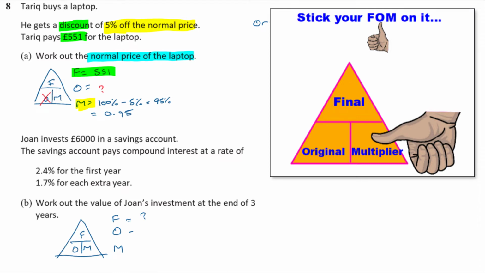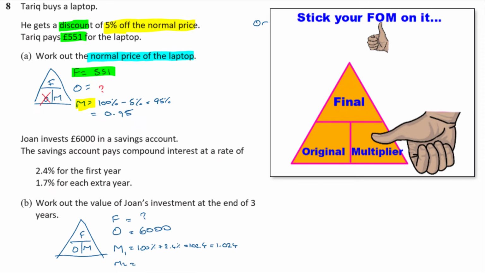Final is what we're trying to find. The original is the amount of the investment that she put in to start with. Now multiplier, we've got two different multipliers here. Multiplier 1, it's 2.4% for the first year. So 100% plus 2.4%, that's 102.4%, which is 1.024 as a multiplier.